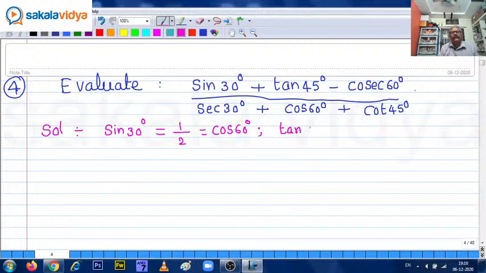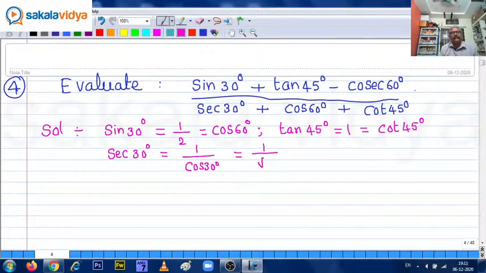Tan 45 degrees is equal to 1, which equals cot 45 degrees. Secant 30 degrees is equal to 1 upon cos 30, that is 1 upon root 3 by 2, which is 2 upon root 3.